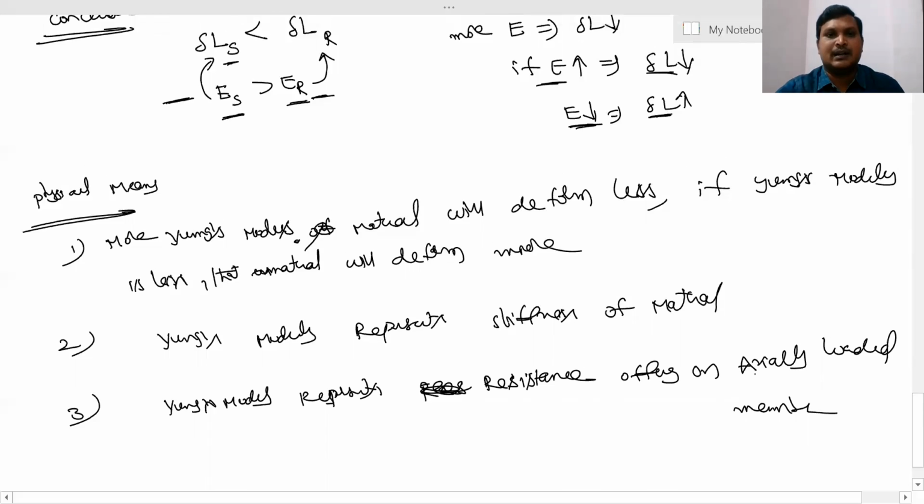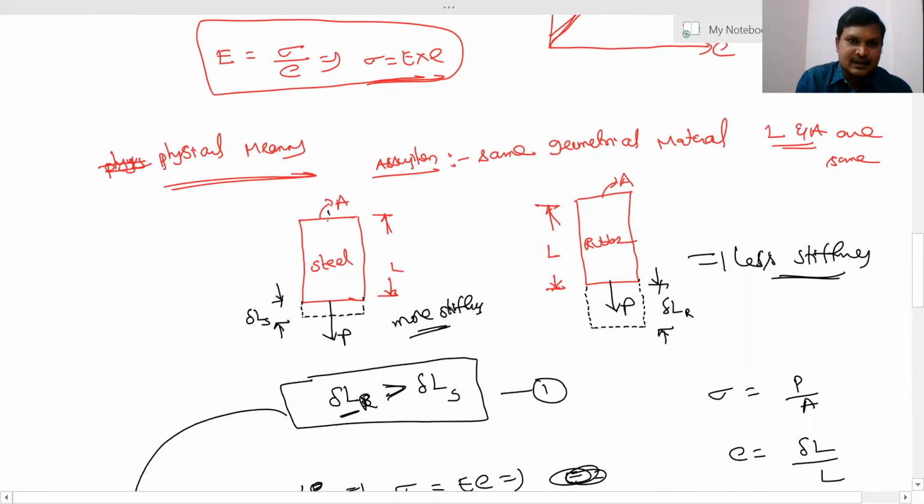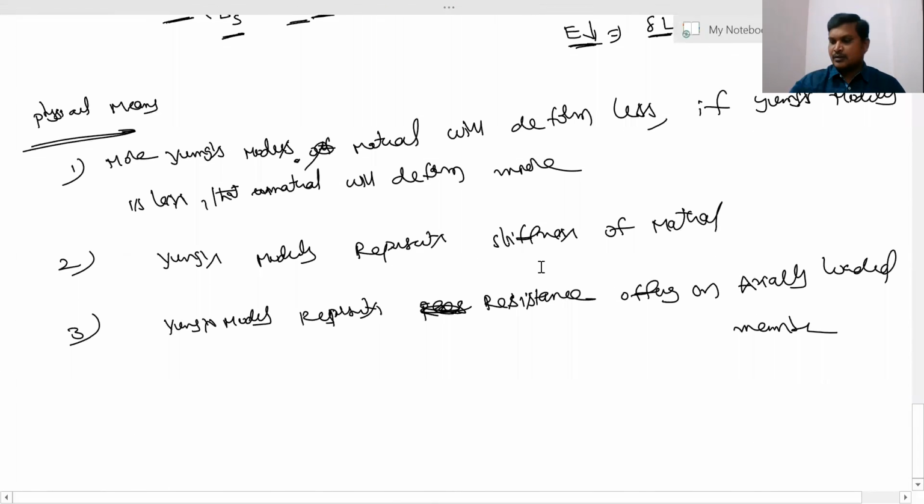Here you can observe the loading is axial. So for applying the axial loading, higher resistance is generated. Is it clear? So this is a physical meaning of Young's modulus.